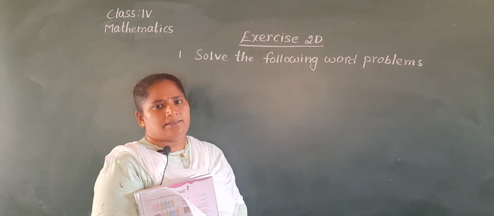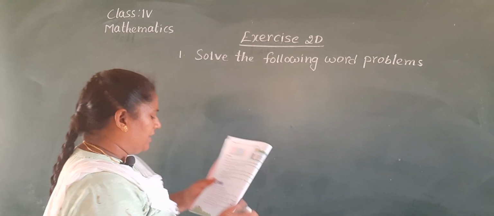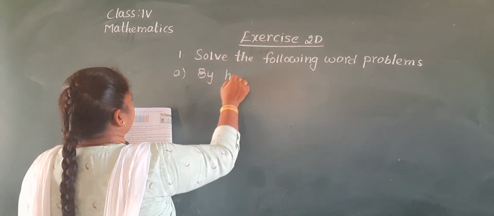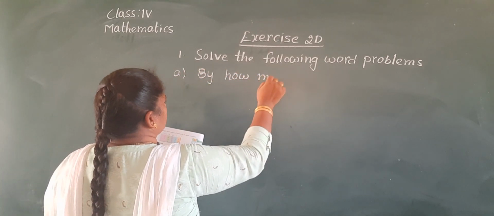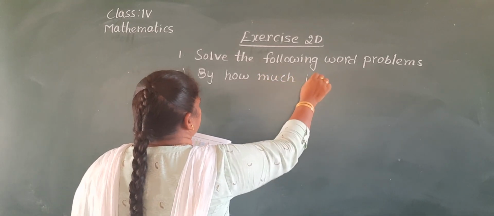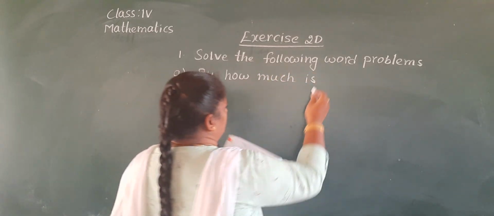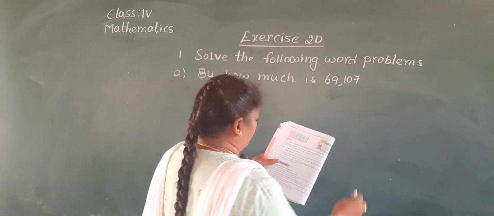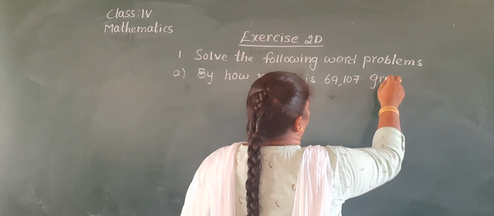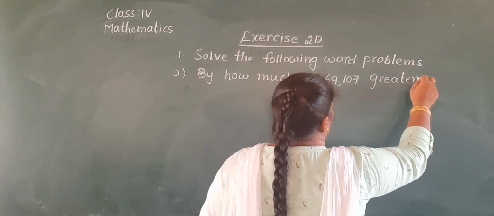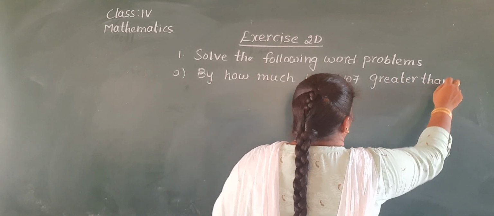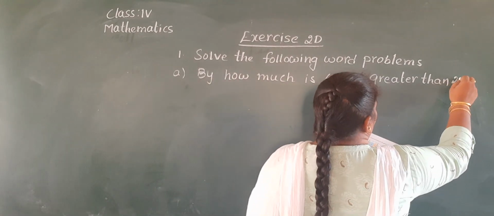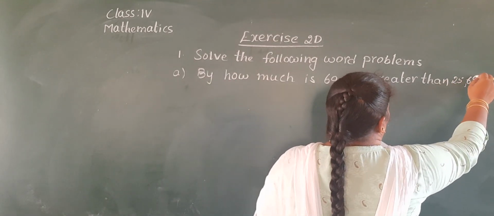Come on, see the first question. A. By how much is 69,107 greater than 25,658?